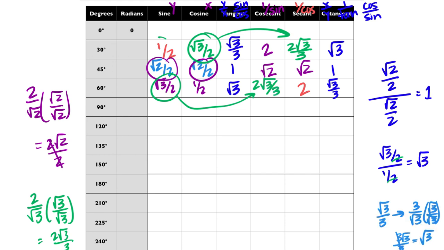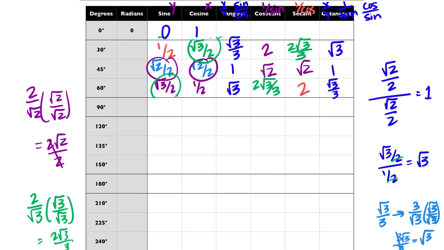Okay, the last section I want us to talk about is 0 degrees and 90 degrees. So if sine is y, what is the y for 0 degrees? 0. What is the x for 0 degrees? 1. That came from the unit circle, right? What does tangent mean?